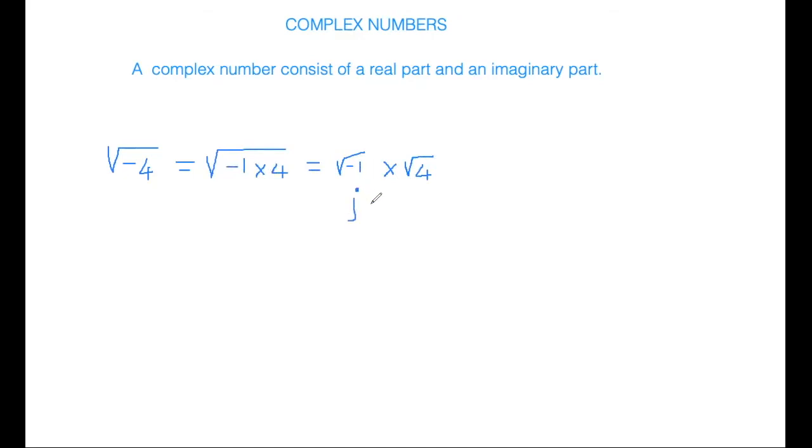Let's use j, and square root of 4 is 2. So we can have this as j2 or 2j. It's the same thing, whichever we are comfortable with. Just remember, j and i is considered to be in the imaginary part. And it represents square root of negative 1, but we're going to leave it as 2j or j2.